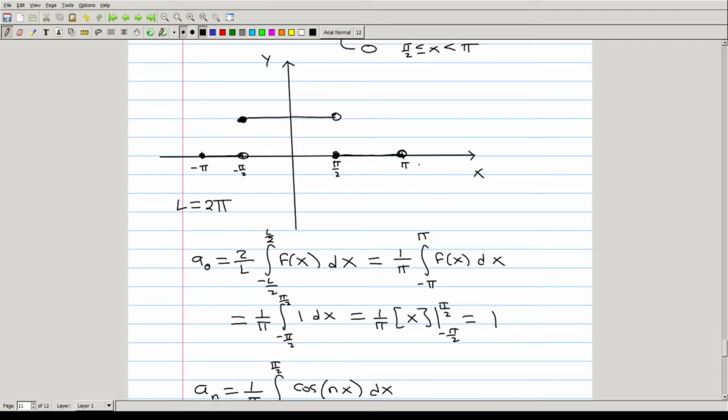Because remember, if L is 2 pi, then 2 over L is 1 over pi, and 2 pi n over L is just going to be n.